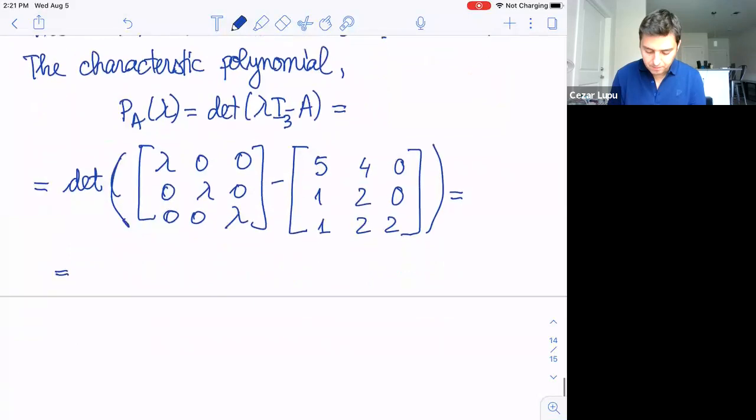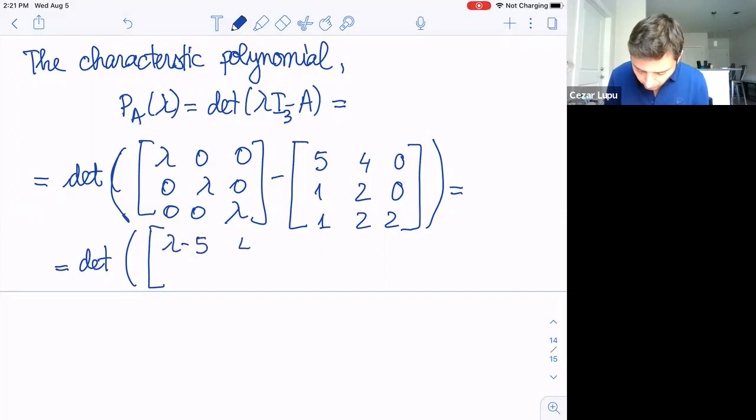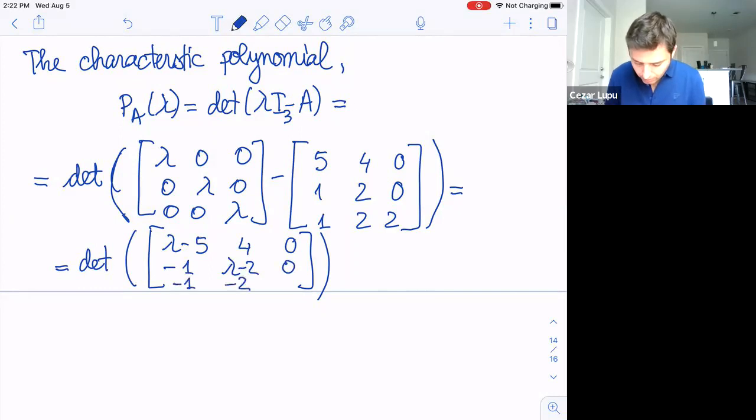And now we're going to do the computations. It will be the determinant of this matrix: lambda minus 5, 4, 0, negative 1, lambda minus 2, 0, then negative 1, negative 2, and lambda minus 2.